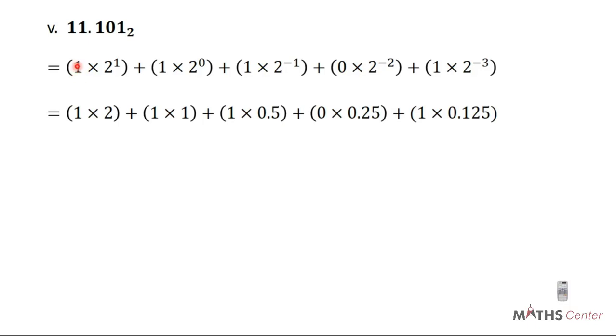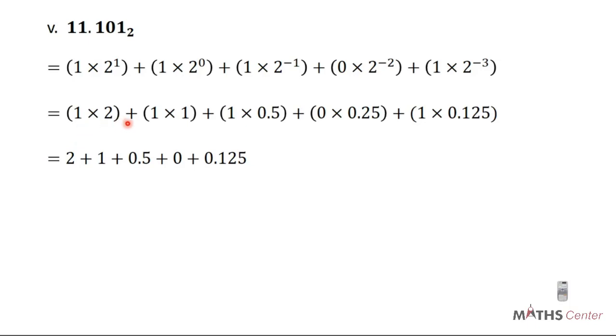You know that 1 times 2 exponent 1 will give us 2, plus 1 times 2 exponent 0 is 1, plus 1 times 2 exponent -1 is 0.5, plus 0 times 2 exponent -2 is 0.25, plus 1 times 2 exponent -3 is 0.125.